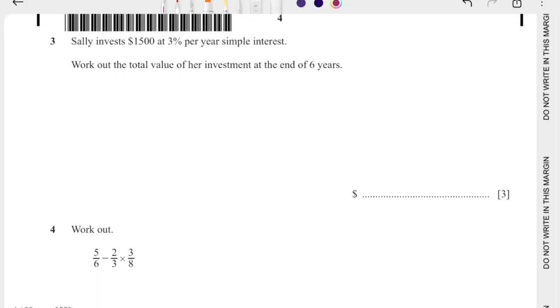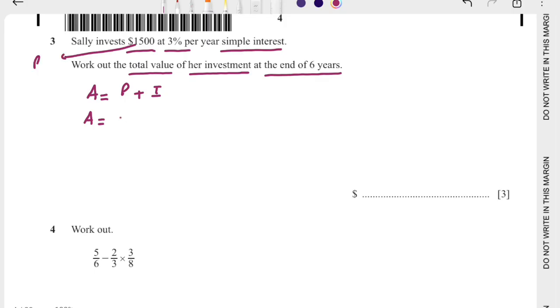Sally invests $1,500 at 3% per year simple interest. Work out the total amount or value of our investment at the end of 6 years. We know that amount is equal to principal plus simple interest, and principal is $1,500 and simple interest is PRT over 100.